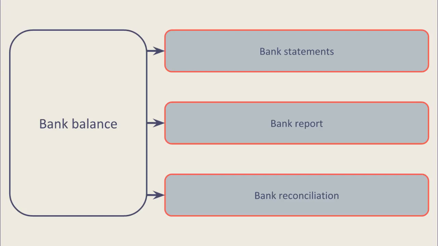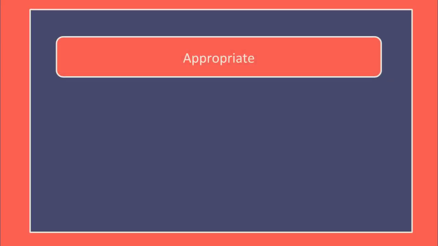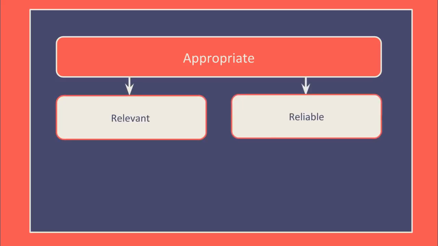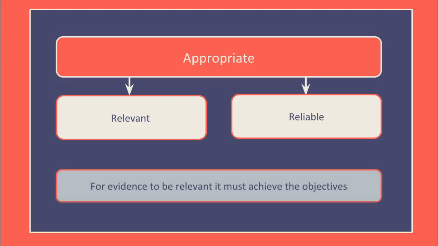The term appropriate can be explained by splitting it into two areas. For evidence to be appropriate, it must be relevant and reliable. For evidence to be relevant, it must achieve the objectives. For example, evidence collected must achieve the objective of the audit procedure that gathered the evidence.